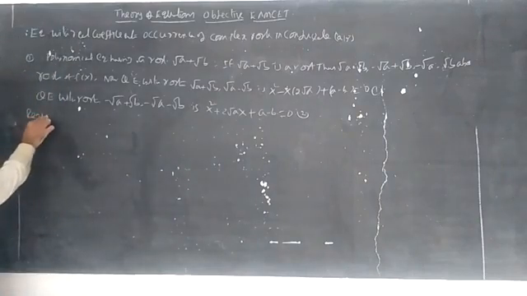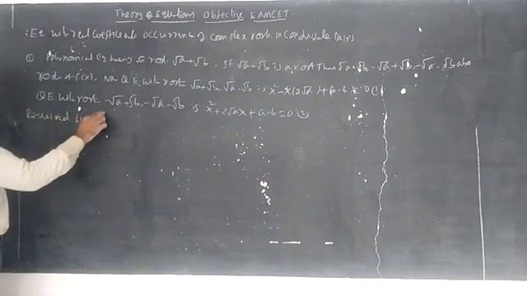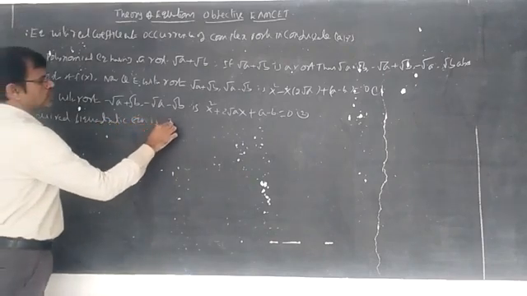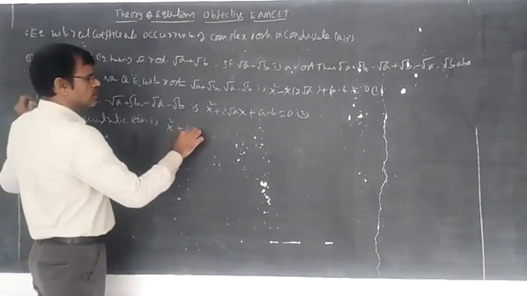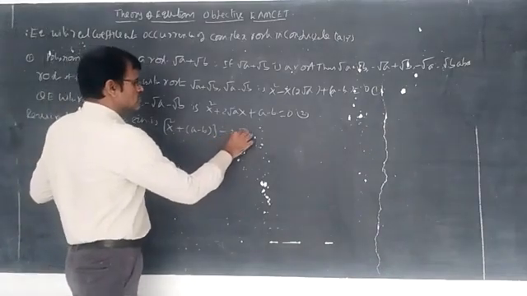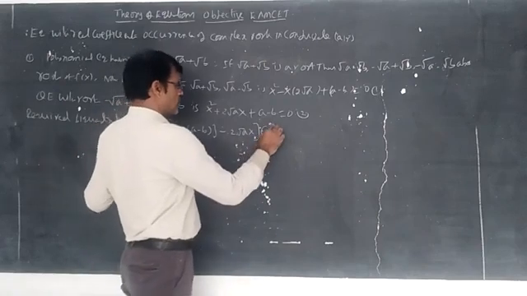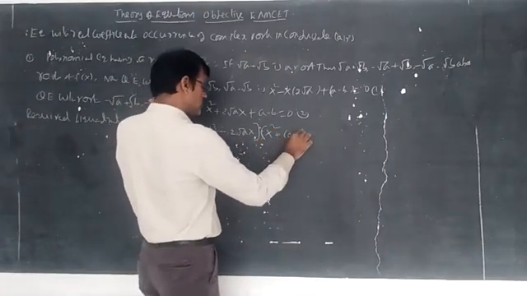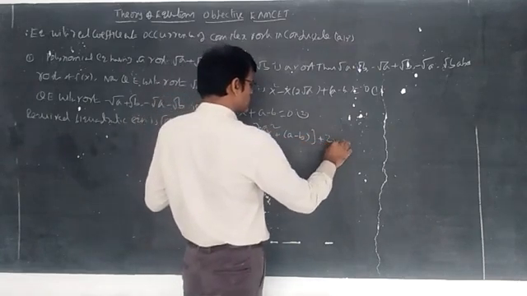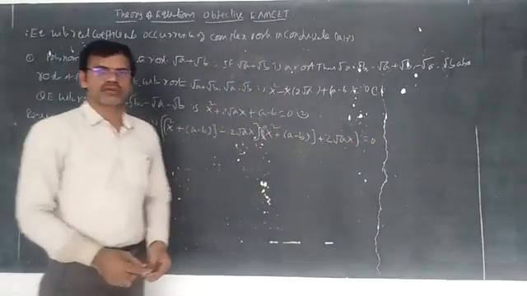Second one. Required polynomial equation, or required biquadratic equation, is, I am writing here: x square plus a minus b, put a bracket, minus 2 root a x, put a bracket like this, and x square plus a minus b, put a bracket, plus 2 root a x, equal to 0. Because we get QE1 into QE2.